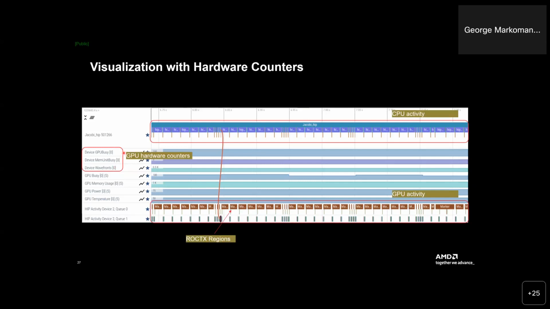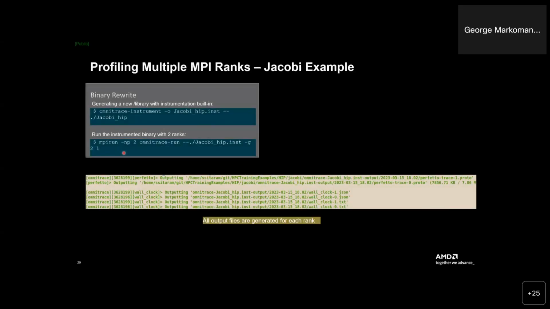This example also has ROCTX regions, which are basically markers that you can also visualize. Tracing multiple ranks: before, you saw in rocprof, you had to do some tricks, right? Some scripting, etc. Here, there is no such problem.